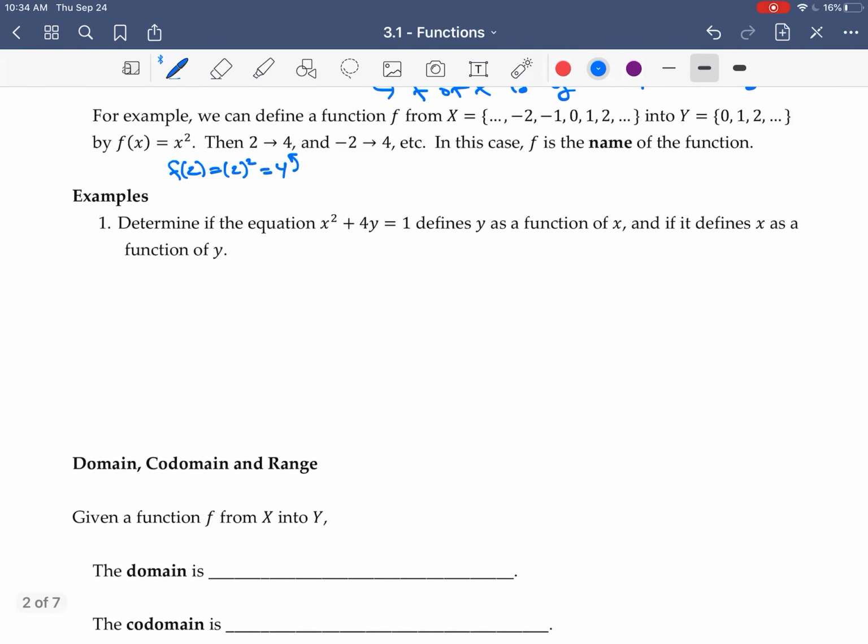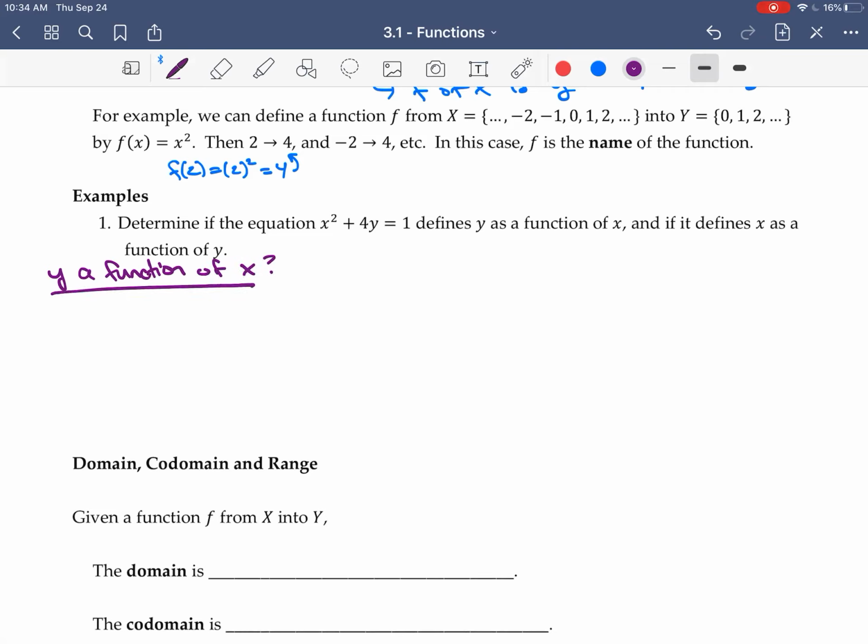So, how do we tell if things are functions of one or the other? Let's say we have this equation: x squared plus 4y equals 1. We want to know, is y a function of x? And is x a function of y? Let's check this. Let's say y a function of x first.